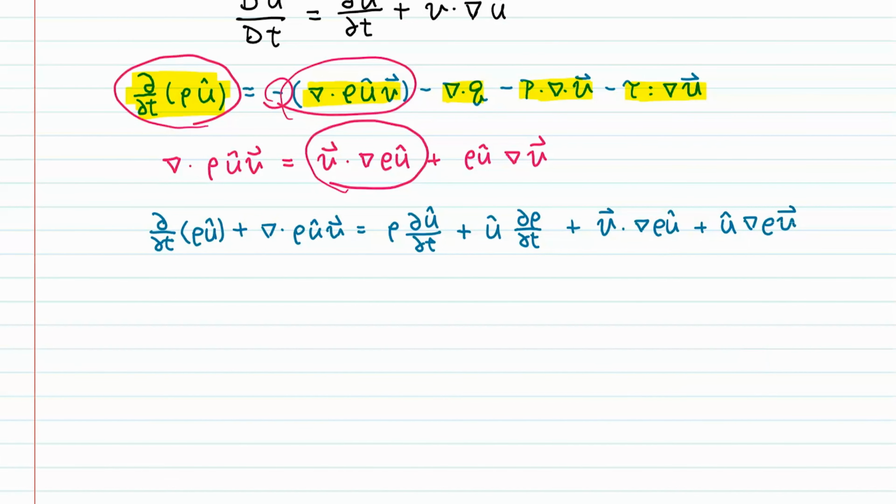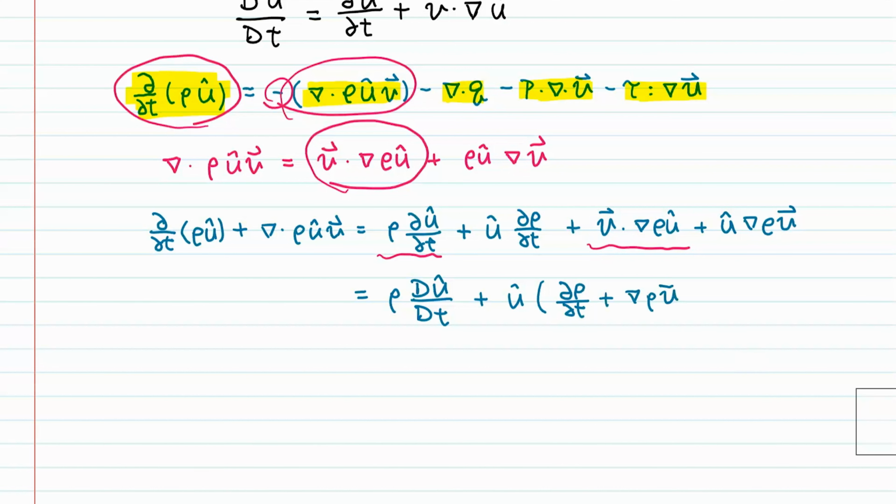If we organize this again, we have rho times the substantial derivative of u over t, that's the combination of this term and this term, and then we also have the other terms grouped together. So we have u times partial rho partial t plus the gradient of rho v.